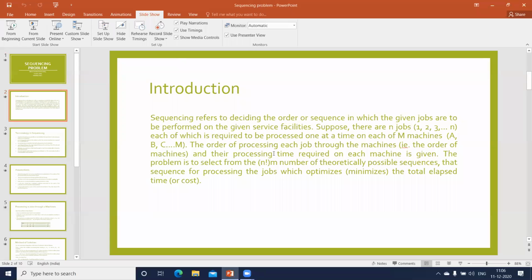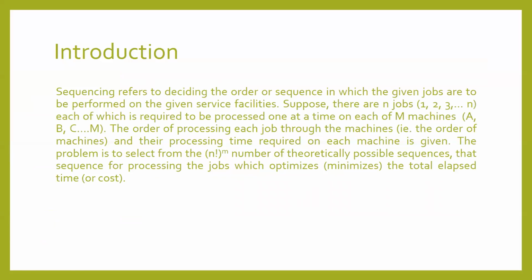I forgot to change it, so I'll just quickly change this one, and let us play this again. So this is n factorial to the power m, the number of theoretically possible sequences, and we need that sequence of processing the jobs which optimizes or minimizes the total elapsed time or cost.